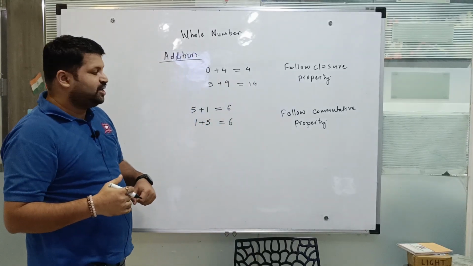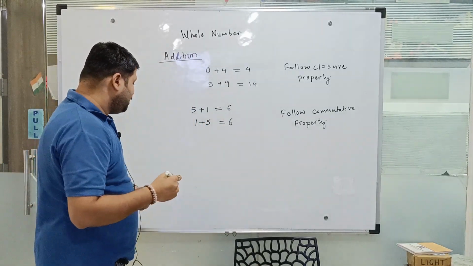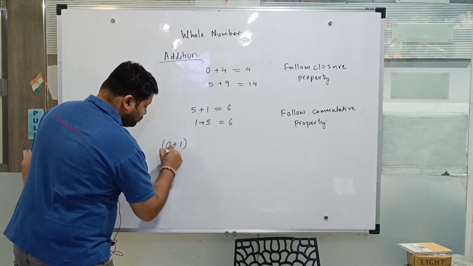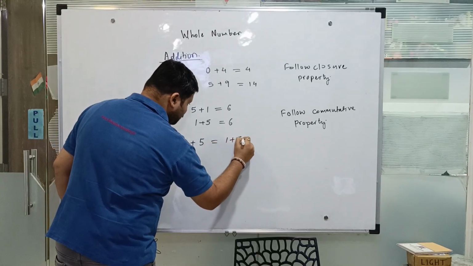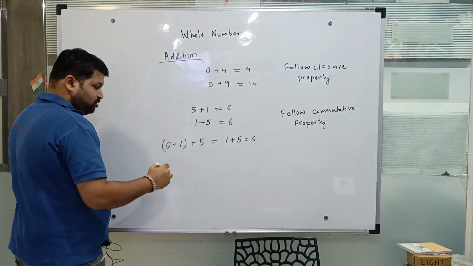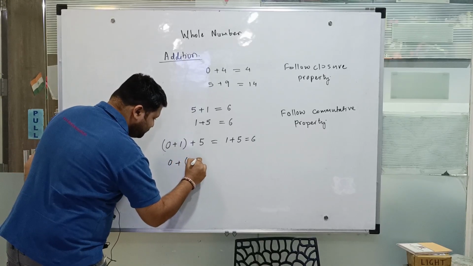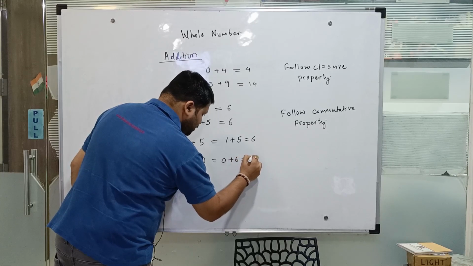Now let's go to the next property, that is associative property. 0 plus 1 plus 5: 0 plus 1 is 1, plus 5 is 6, and 0 plus the sum of 1 and 5 is 0 plus 6, that is 6.